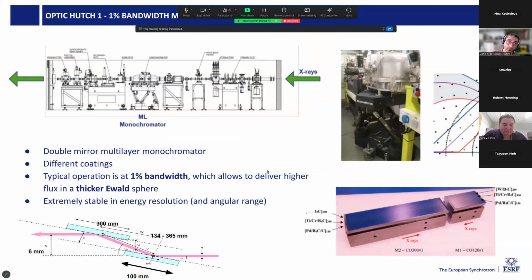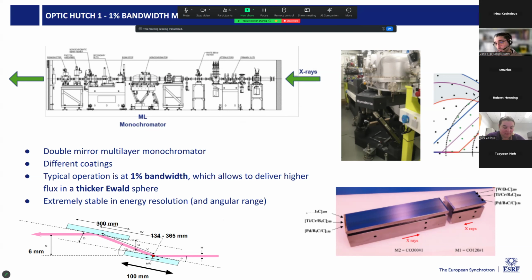So from a beamline point of view, we have found a good sweet spot in terms of bandwidth, which is 1%. That is much narrower than what is used at a Laue beamline, but still much larger than what is used in a conventional MX beamline.